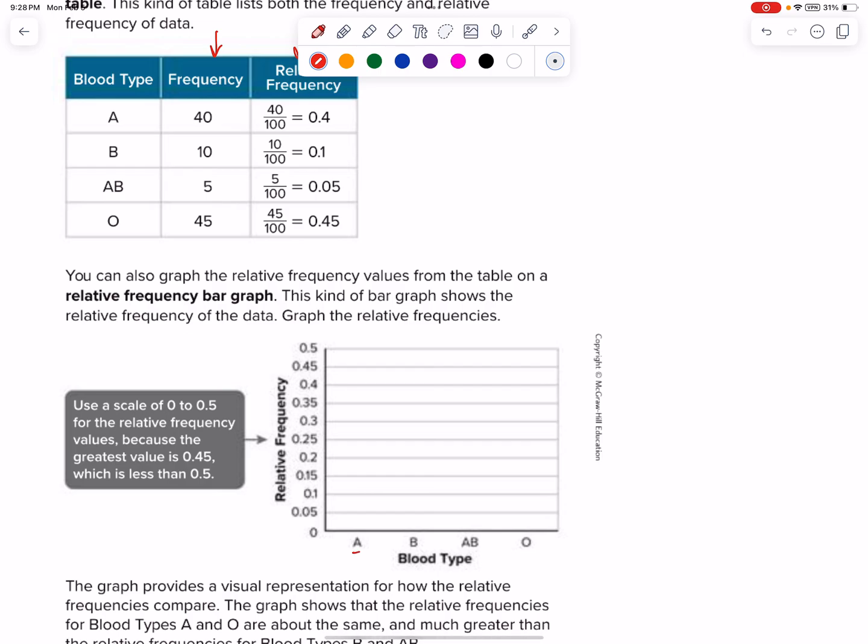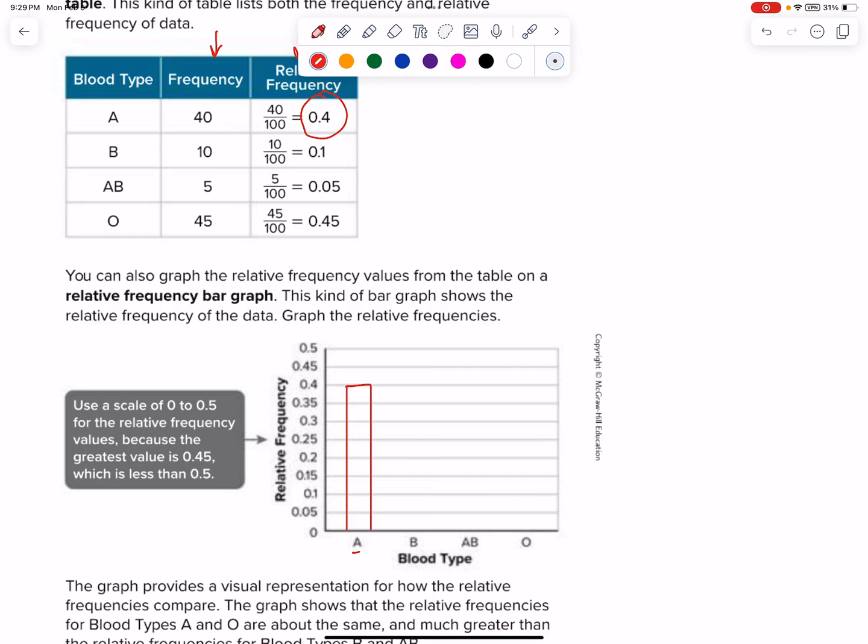We have blood type A, and we came up with blood type A's relative frequency is 0.4 or 40%. So we can just go up to 0.4. So the easiest way to do this is to make the bar at the 0.4, then go down. I'll make my straight line and go down with my straight line. There we go. Okay. Now let's go ahead and do B, which is 0.1 or 1/10.